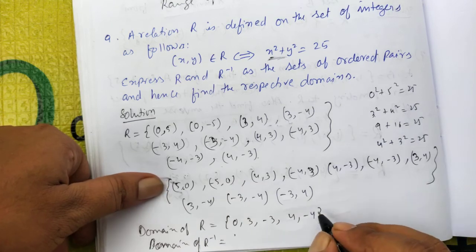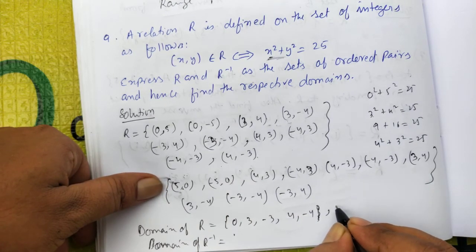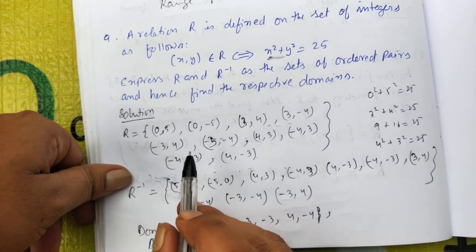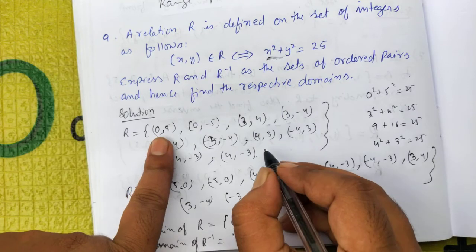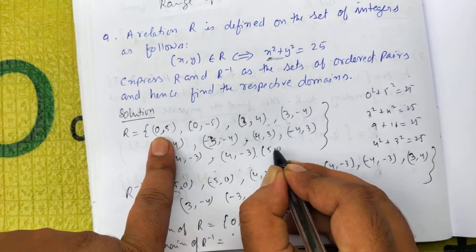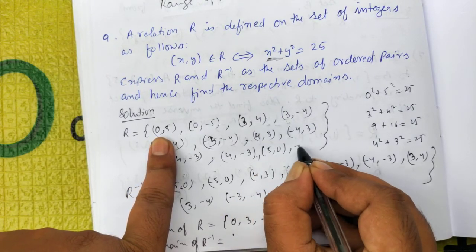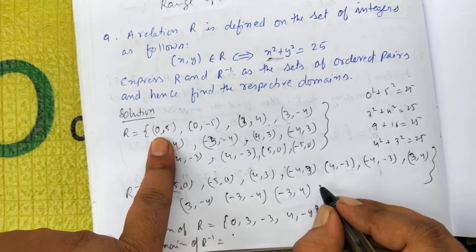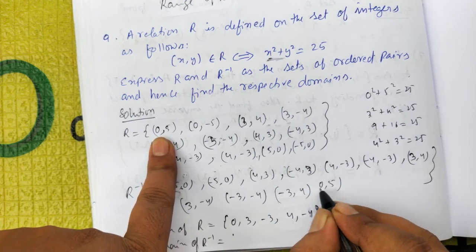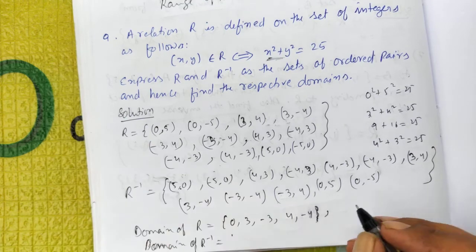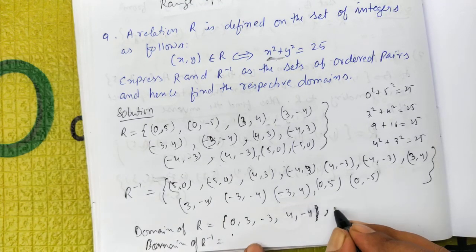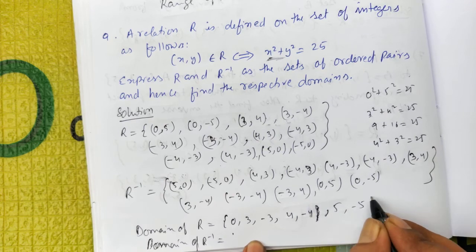Oh, I forgot to write 5 also. Here we can write 5, 0 also, minus 5, 0 also. I forgot to write this. Okay. 5 and minus 5 also.